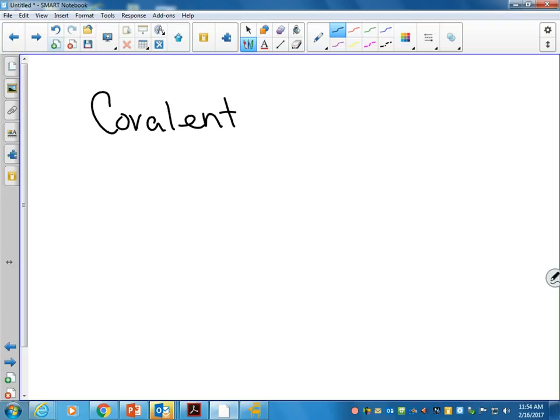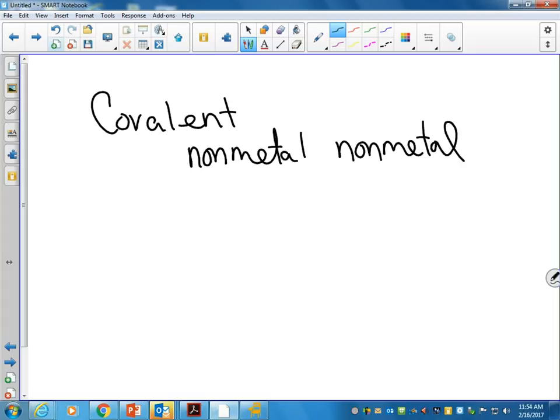Covalent. What do we know about covalent molecules? Non-metal, non-metal. And how do they deal with their electrons to make full valence shells? Do you remember that term?